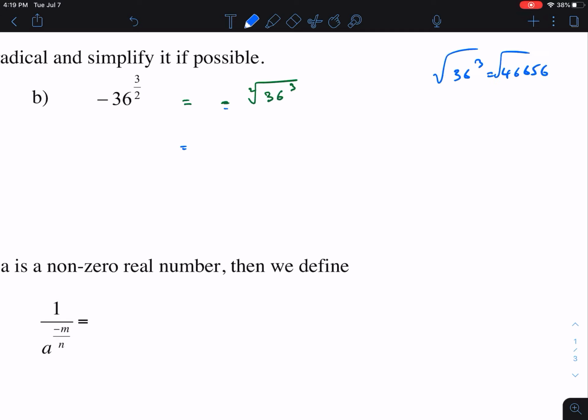It's hard to do. Instead, we can take the square root of 36 first, and then raise that to the third power afterwards. So negative, this is 6 to the third, so negative 216.